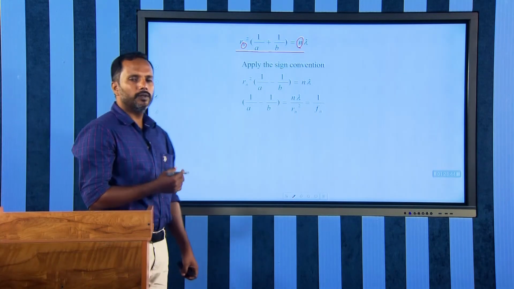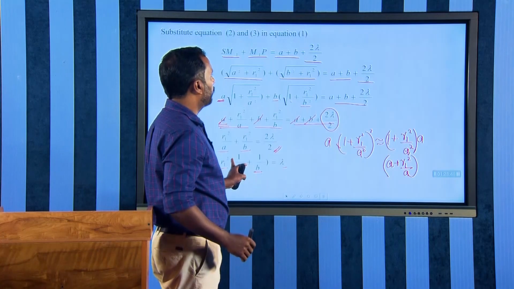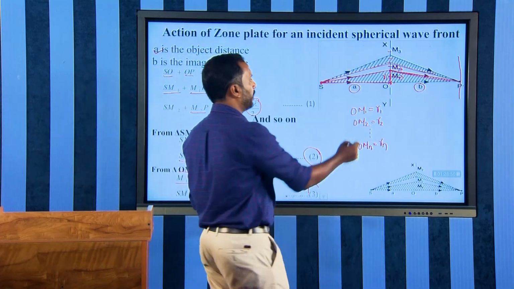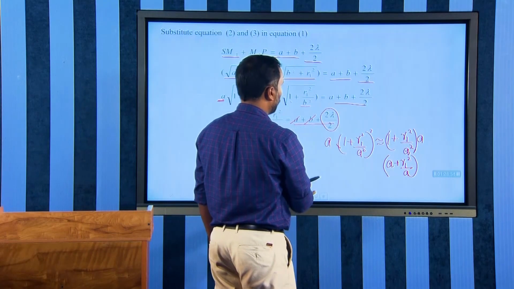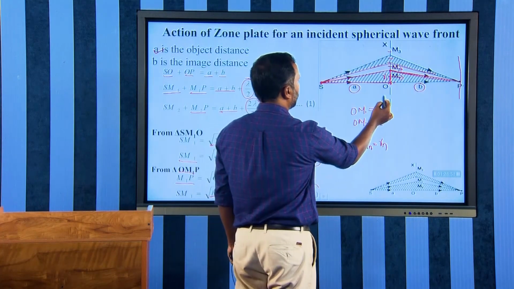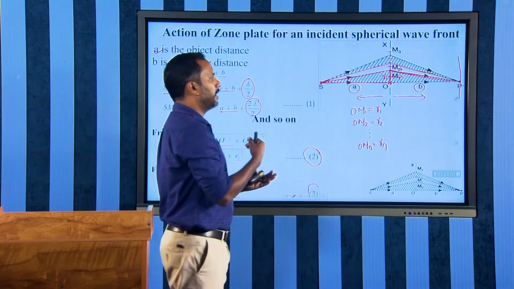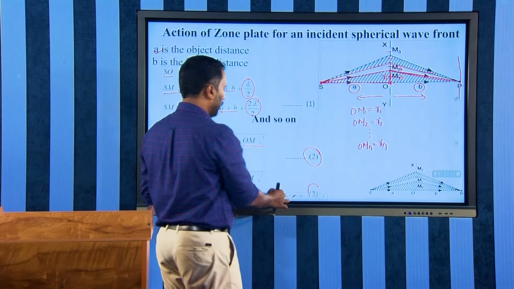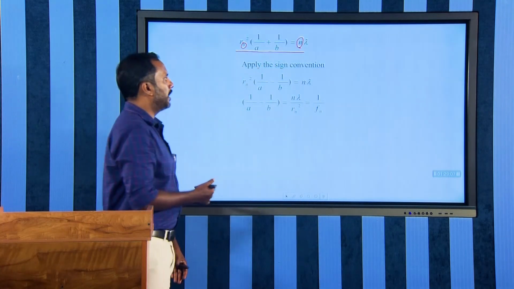Now, we need to give the sign convention, because we have two measurements: one is towards the left hand side and another one is towards the right hand side. So, A is taken towards the left hand side and B is taken on the right hand side. Therefore, we have to apply the sign convention.